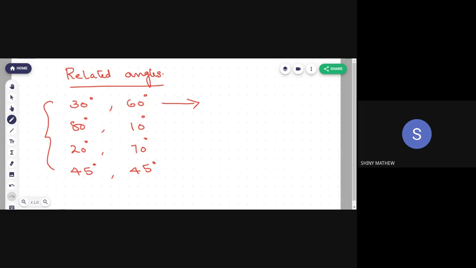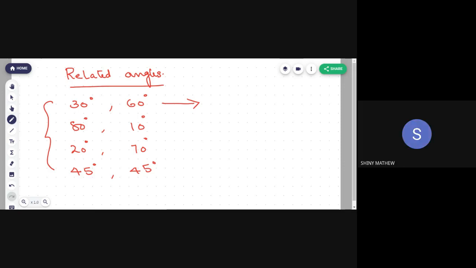Okay, can you see any relation between these angles? Any importance of these pairs of angles? Can you say? Do you see any important relation or speciality in these given pairs? Look carefully, quickly. The sum of all of them is 90. Okay, very good.